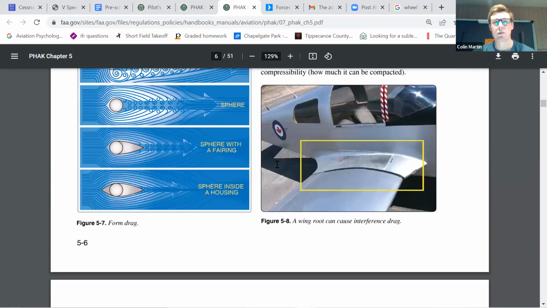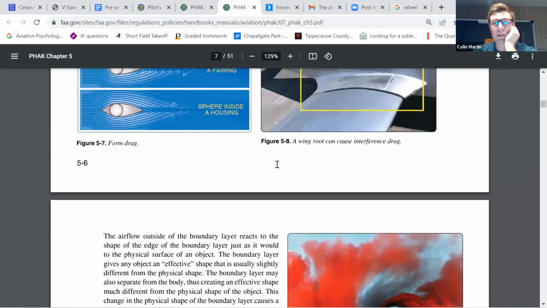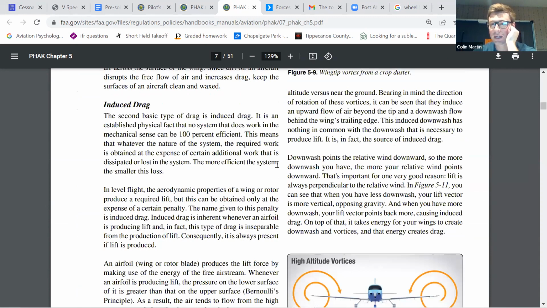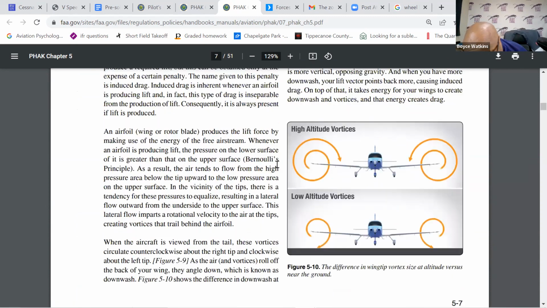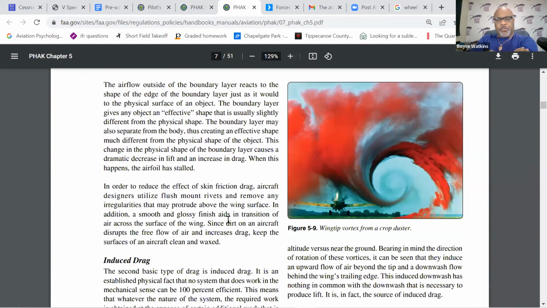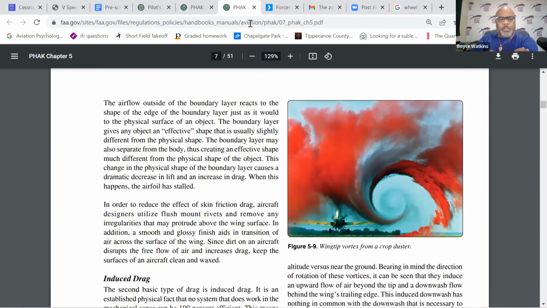Okay, so we have parasite drag, and then the second type of drag we can talk about is induced drag. You remember anything about induced drag and tip vortices? I don't remember hearing about it, but I'm going to guess that induced drag is something you actually cause by something you're doing with the plane.